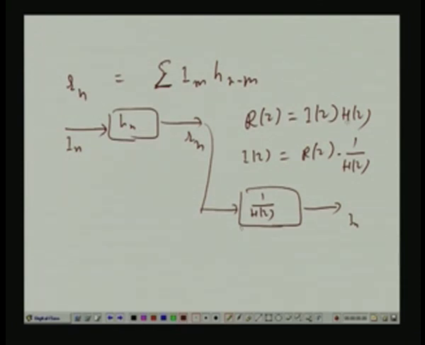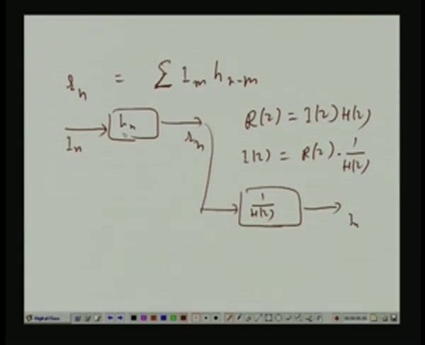The problem is, H(z) is what? It is just the z transform of the sequence h_n. It is an FIR sequence, because you know the intersymbol interferences are only from adjacent neighbors and not from very far away pulses. Those coefficients related to far away pulses die out. But I have no control on the zeros of this FIR polynomial.